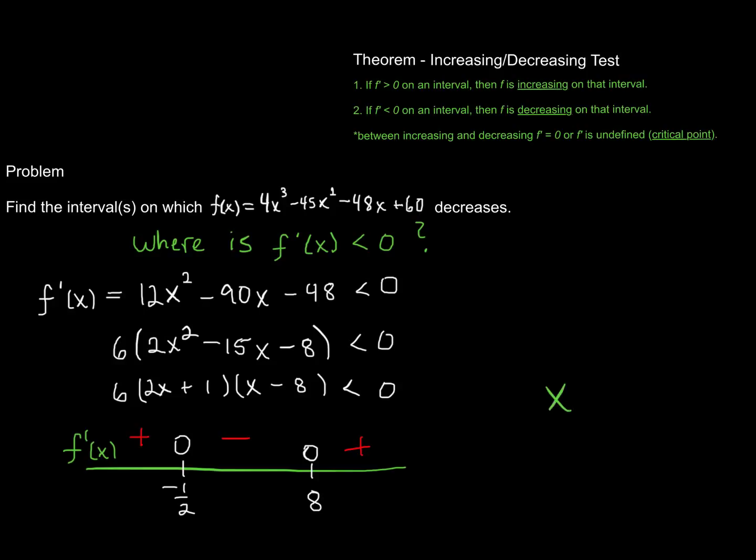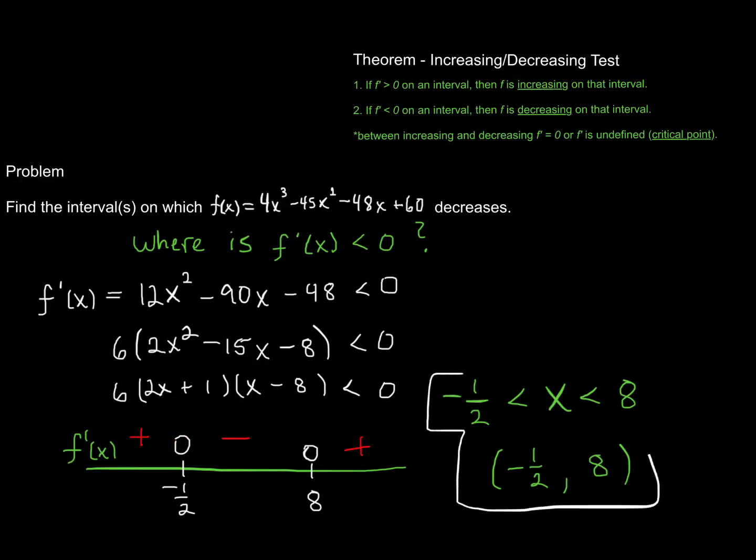I could say where x is less than 8, but greater than -1/2, or equivalently, I could write on the interval between -1/2 and 8. Remember, I'm using the curled brackets here because at these exact points, the derivative is 0, meaning it has a horizontal tangent. And so these are equivalent ways of writing my answer.